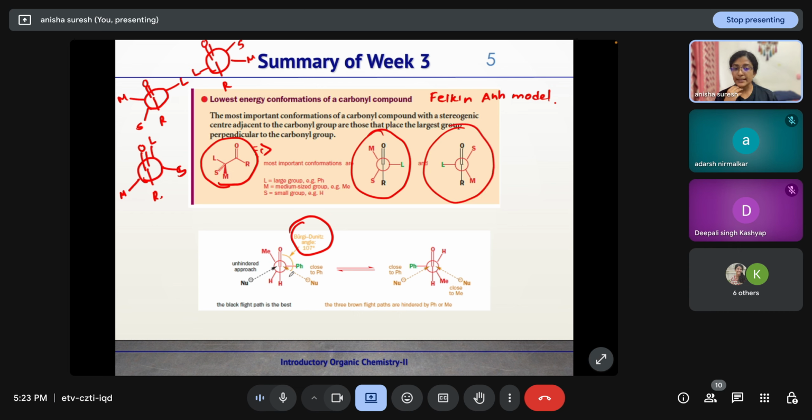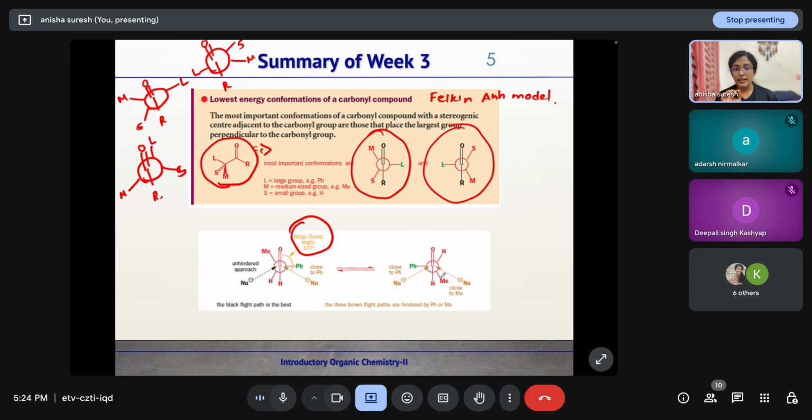If we consider these brown arrows, where the nucleophile is attacking the carbonyl, if it attacks in this fashion, it is close to the phenyl group, so steric hindrance will be there. And here as well, it will be close to the phenyl group, so there will be steric hindrance.